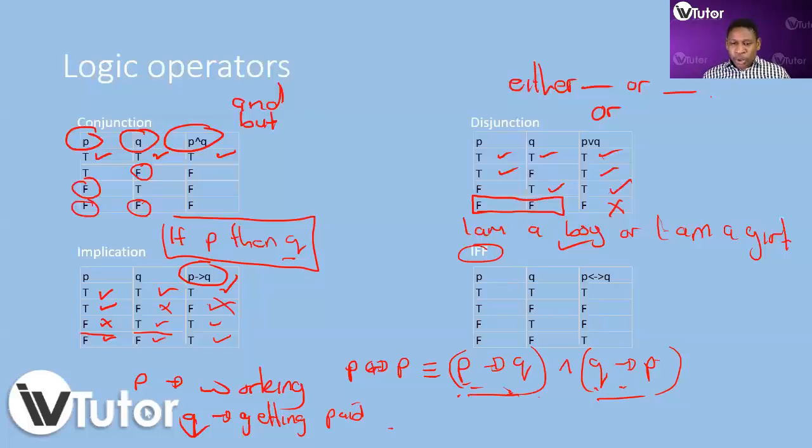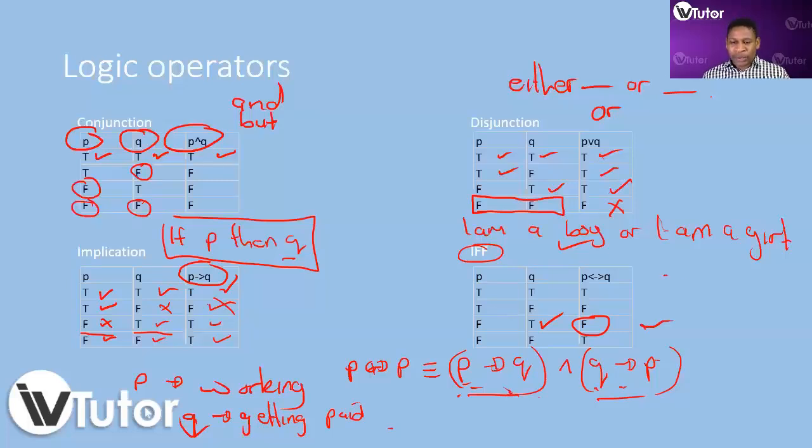If you get paid, it means you are supposed to work. I have paid you, now work, but then you are not working. So it takes away this aspect of the implication. It is a conjunction that goes both ways, where each of the inputs is a condition for the other. So that is the special case that we have for if and only if.